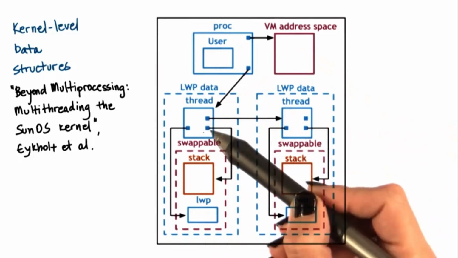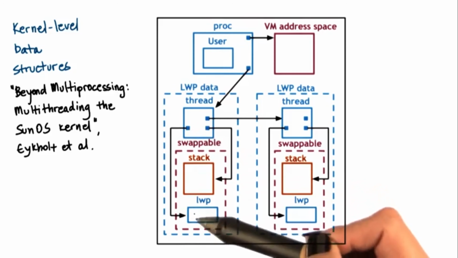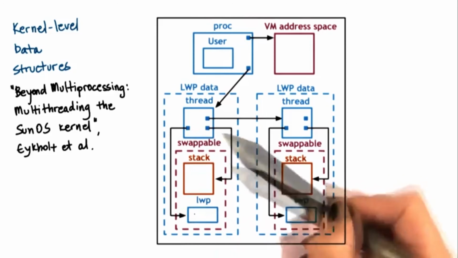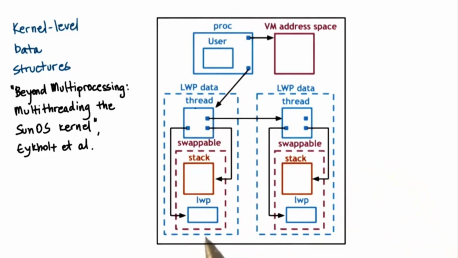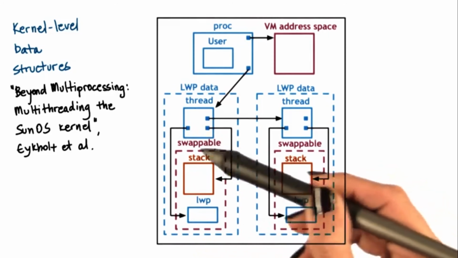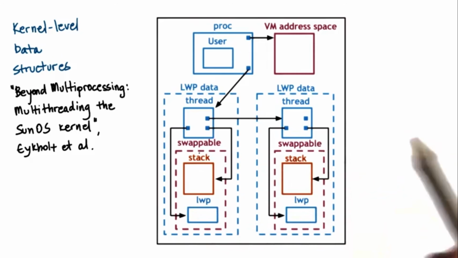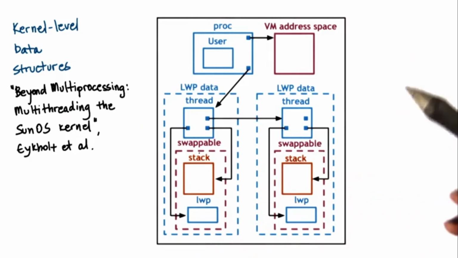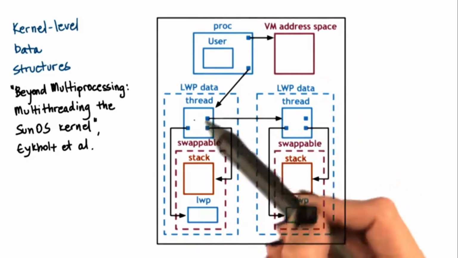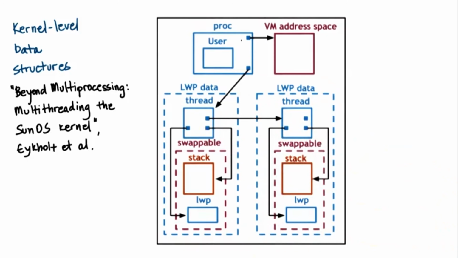Each of the kernel-level thread structures points to the lightweight process that it corresponds to, its stack, and to other information. The lightweight process and stack, this portion of the state is actually swappable. What's not shown in this figure that we showed in the previous image is any information about the CPU. And there are some other pointers that are not shown here, so as not to clutter everything, like from the thread going back to the process, etc.